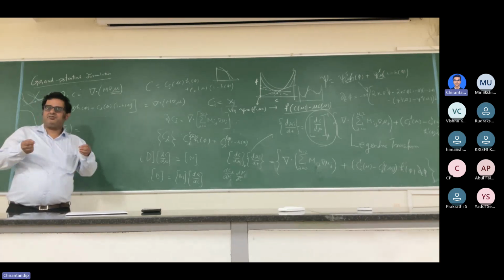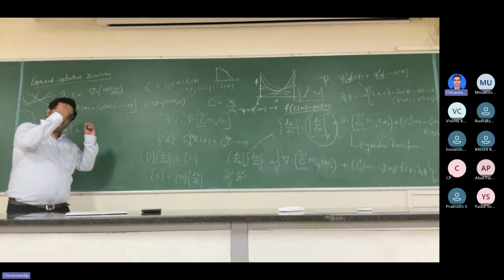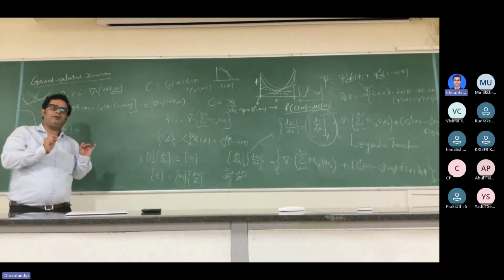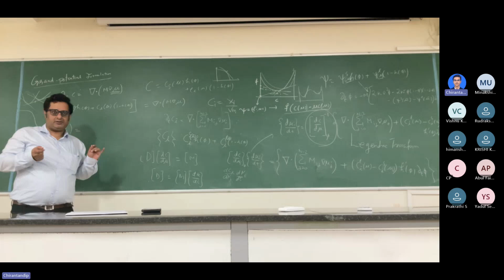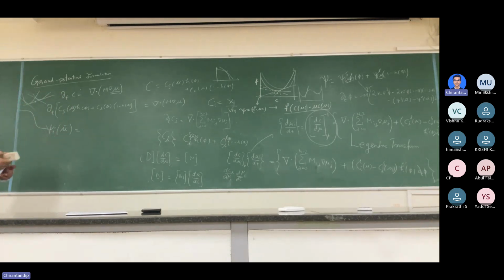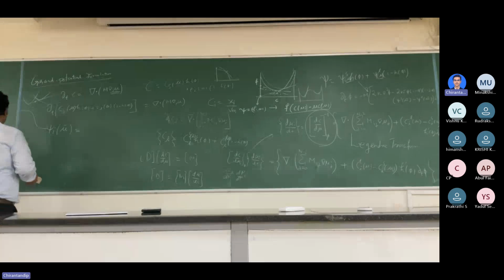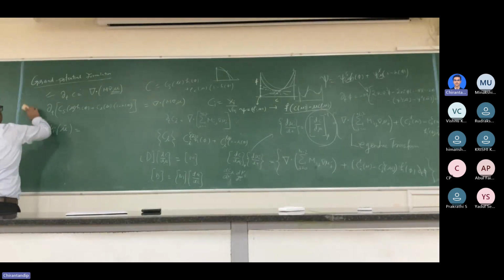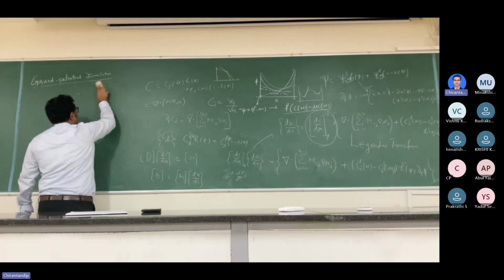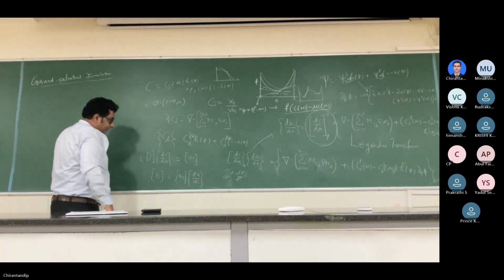Because I'm just using it as a construct to map my original problem onto a diffuse interface. So the result should be independent of that. So I must ensure that. All right? So let's see what that implies.